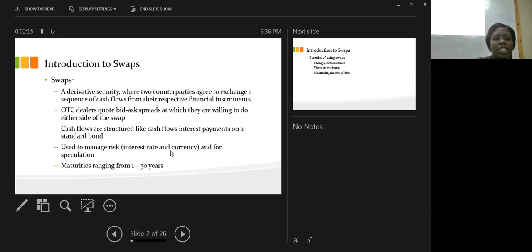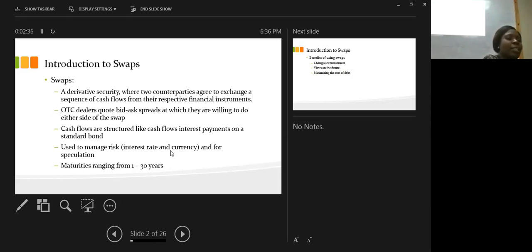Cash flows are structured like interest payments on a standard bond. A plain vanilla interest rate swap is usually when someone has a fixed rate loan and wants a floating rate loan because they believe interest rates will go up.